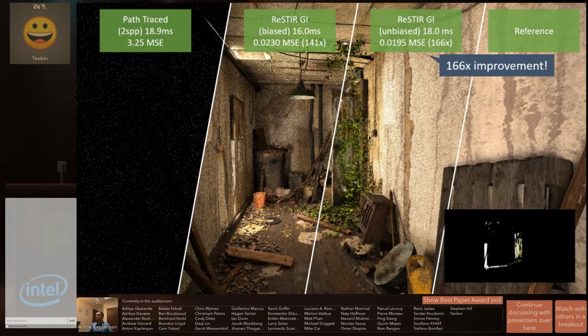In this figure, ReSTIR GI shows more than 100 times MSE improvement. This is because the lighting condition is rather challenging. As shown in the bottom right corner, the room is only illuminated by sunlight coming through a half-open door, and path tracing fails to collect light samples effectively, while ReSTIR GI does well in this case.